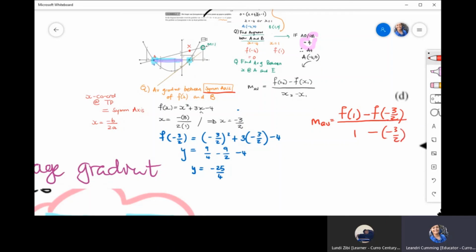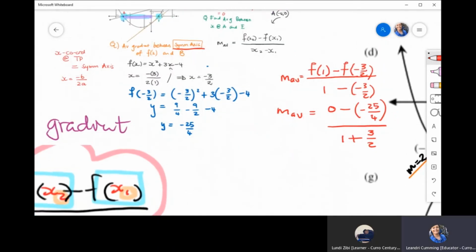Watch out for the signs. Average gradient is in fact f of 1, which gives me a value of 0, minus f of -3/2, which is the y coordinate at the turning point, over 1 plus 3/2.